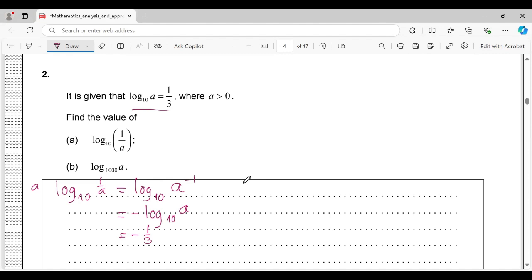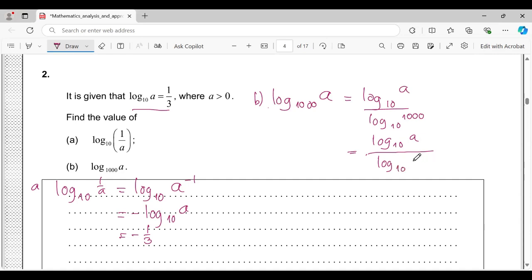Now this one, B, log 1000 a, we can write it like this: log 10 a over log 10 1000, and it becomes log 10 a, which is 1/3, over, I will convert this, 10 cubed, so it becomes log 10 a over 3 log 10 10.